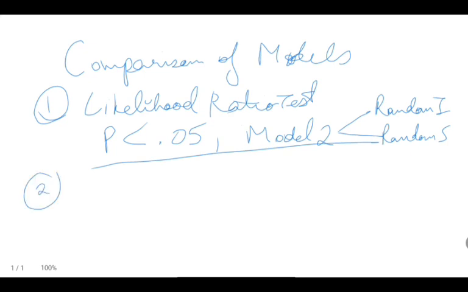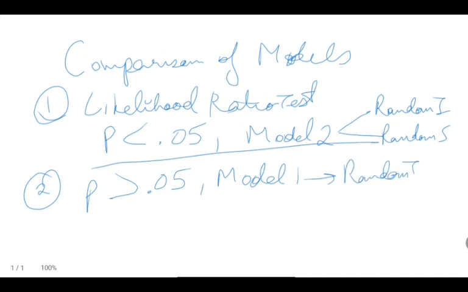Now, if the p-value is greater than 0.05, then the extra model complexity is not useful, and we stick with the simpler random intercept model. So in this case, if the p-value is insignificant, we stay with model 1, wherein we have random intercepts and we have fixed the slopes, right?